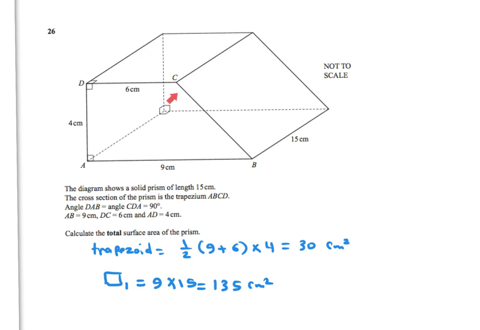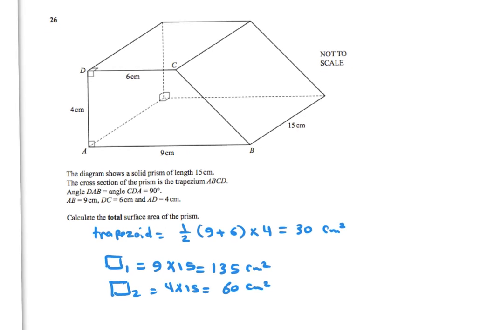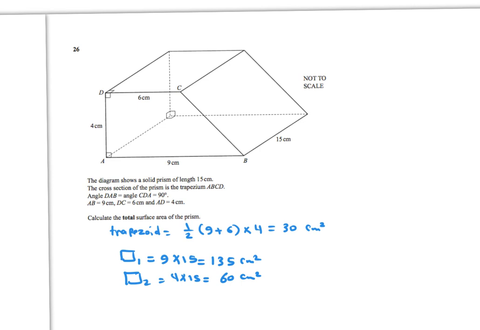And for this rectangle, 4 times 15, which is 60 centimeter square. And the rectangle at the top, 6 times 15, which is 90 centimeter square.